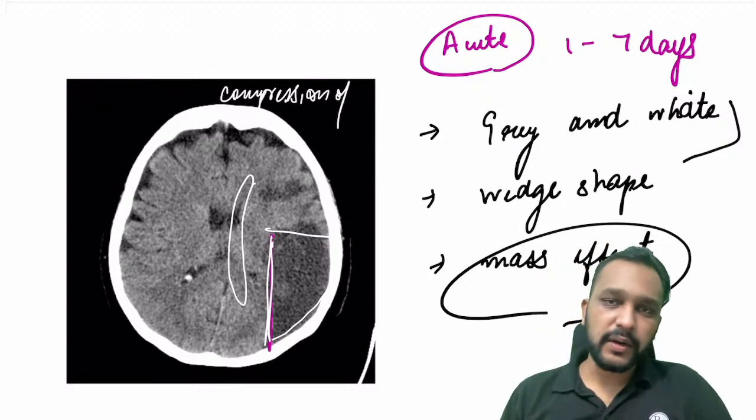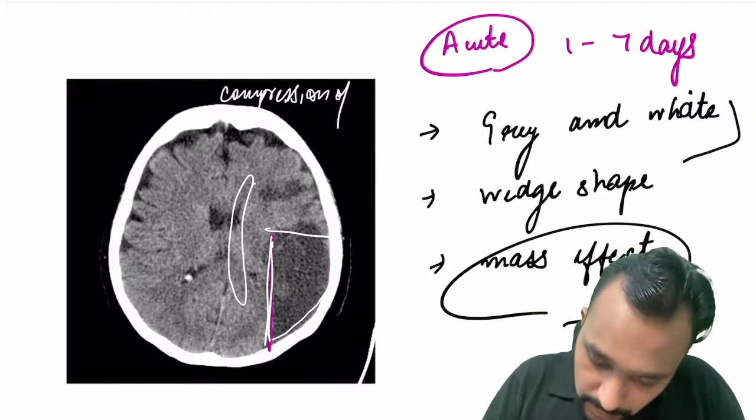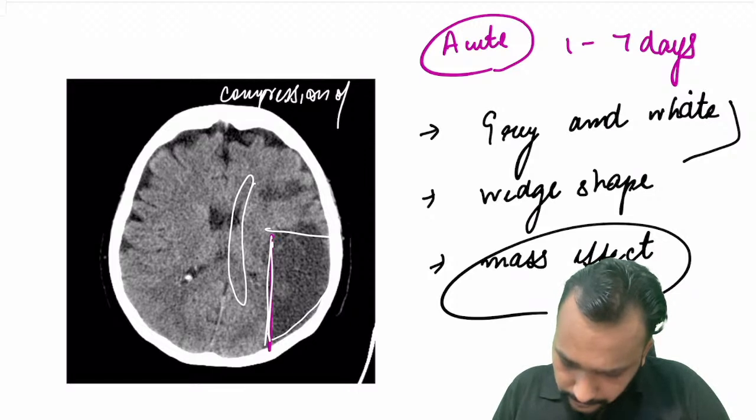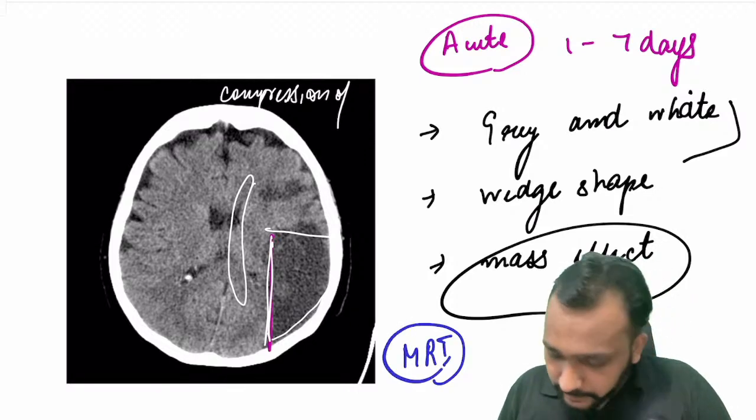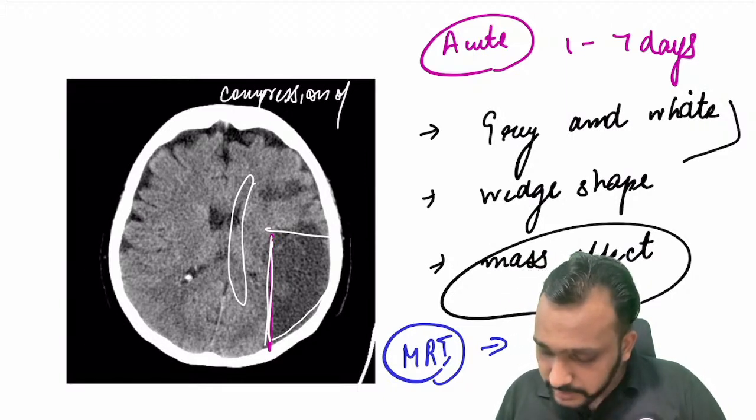So these are the important features of acute ischemic stroke. And if I talk about MRI, so on the MRI, this acute ischemic stroke is going to show diffusion restriction.